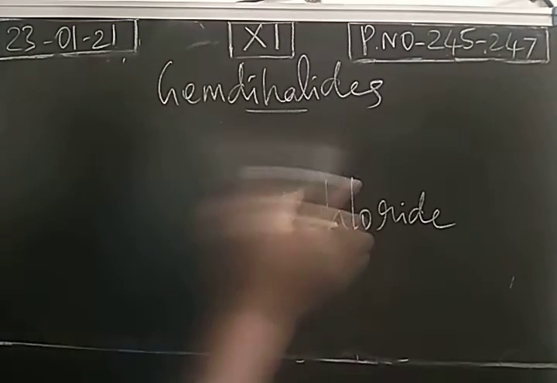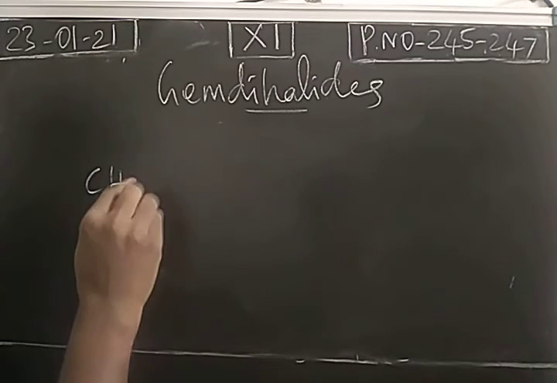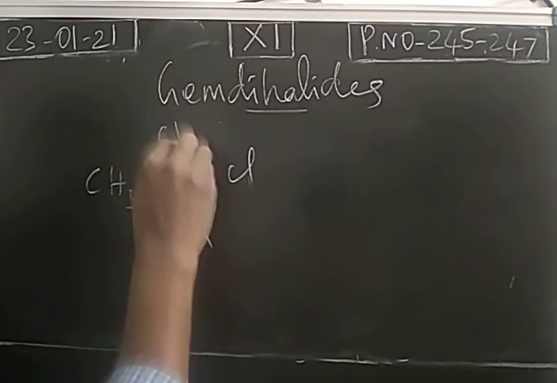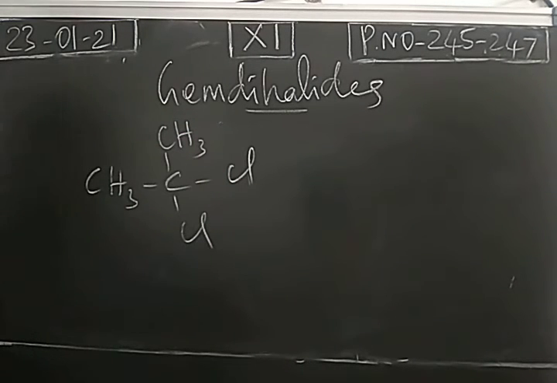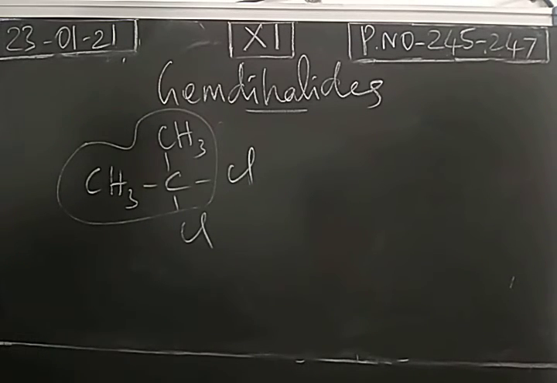Next example for gem dihalide is isopropylidene chloride. We know that this is the isopropyl group.